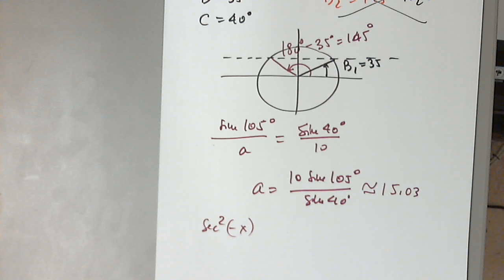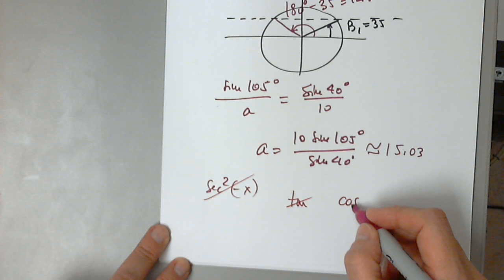But it's a good point you're making, so let me look at the following. Let's say we're given cosine theta equals 1/5, and let's say it's in the 4th quadrant. Can I determine sine theta? Something like this, yes.